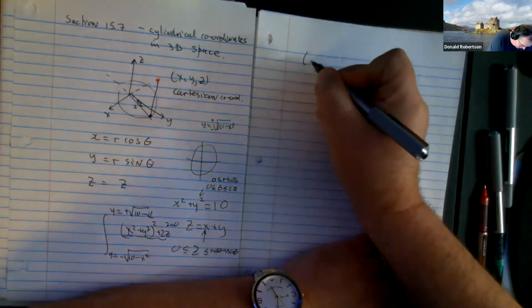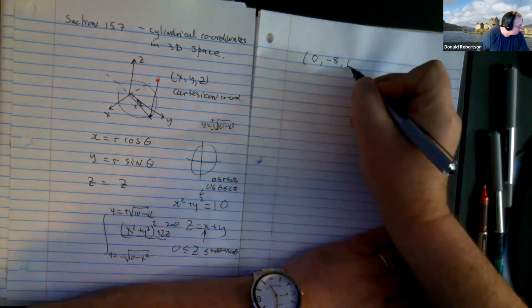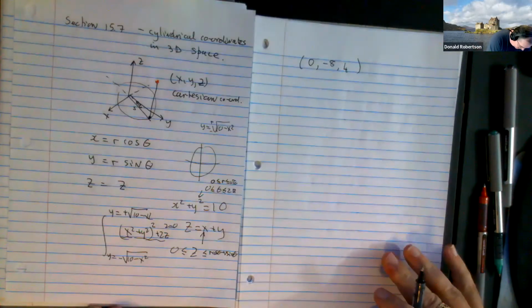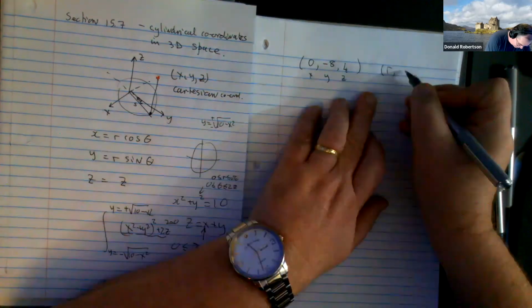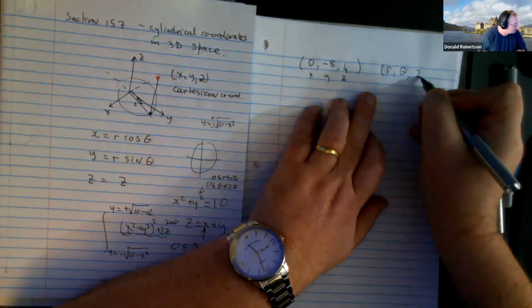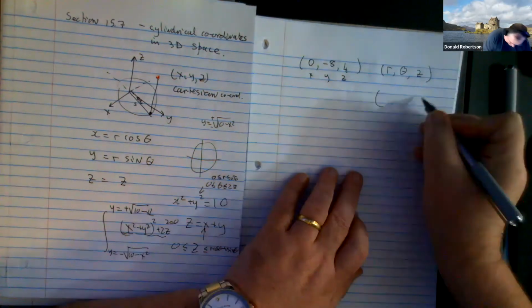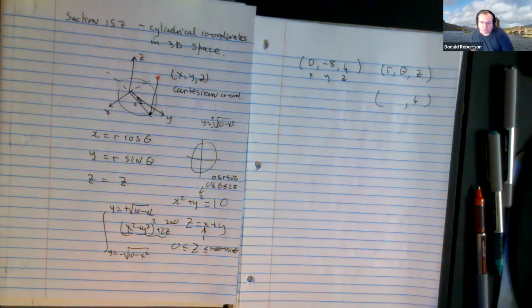So they have, I believe, one example of a conversion. So here goes. The point is 0, -8, 4. And I would like to take x, y, z and turn it into r, theta, z. Right. The easy one is z. Agreed? Now, what about the x and y guy?